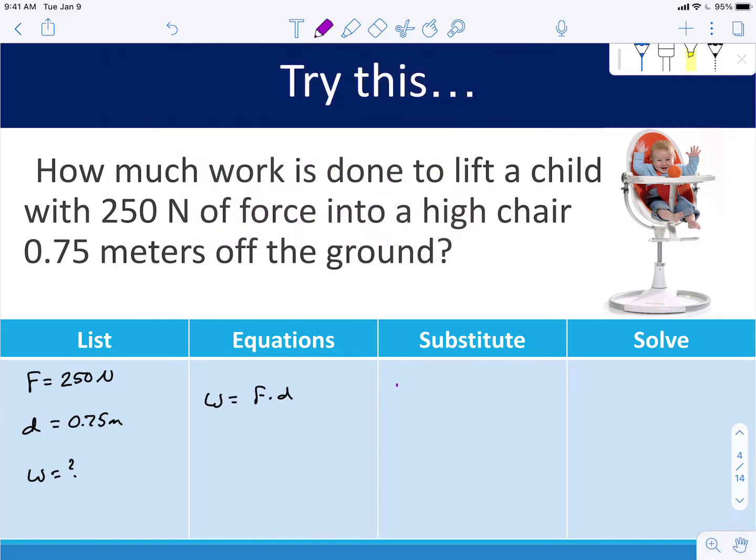And the work in this case is equal to 250 newtons of force times 0.75 meters. So we get an answer of about 333.3 repeating joules of work. Okay, and we're going to be coming back to those kind of ideas. So make sure you can substitute in, rearrange, and solve.